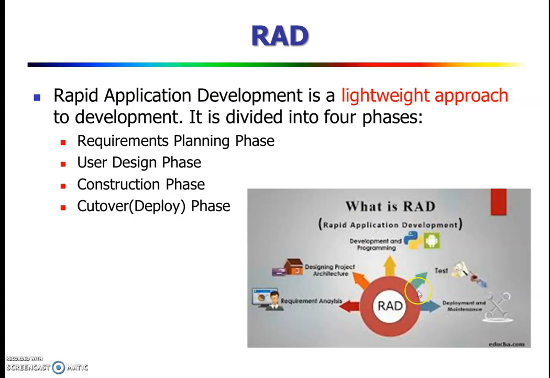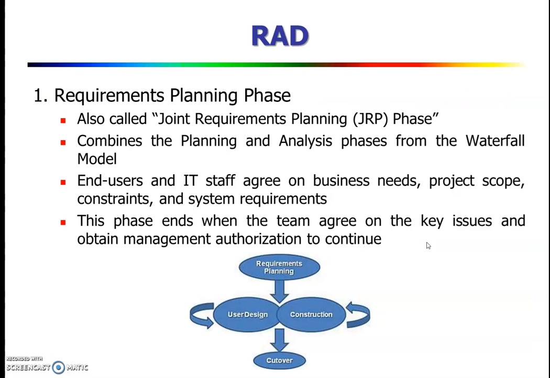According to this figure, there are requirement analysis, design of project architecture, then development and programming, then testing, then deployment and maintenance. The first phase is the requirement planning phase, also called the joint requirement planning or JRP phase.